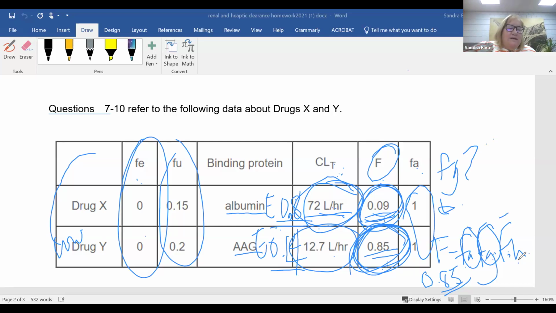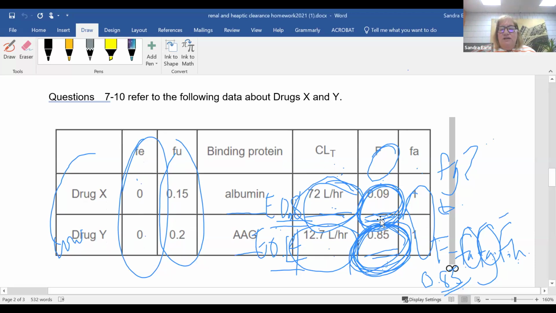Are you good with what I'm saying? So you're saying the low FG possibly makes the F low, the overall bioavailability. Right. So we can tell for sure that this is a low E drug, but we don't know for sure this is a high E drug just by looking at the bioavailability, because we don't know what FG is.